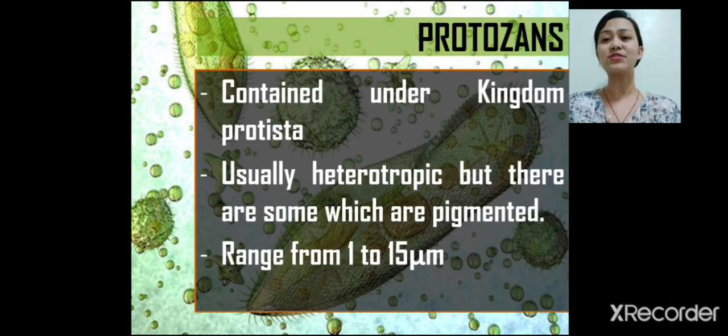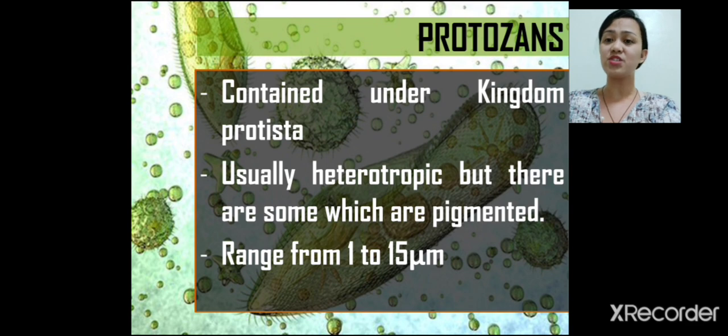Okay, so protozoans are contained under kingdom Protista, and as we said earlier, they are usually heterotrophic, but there are some which are actually pigmented. So what do we mean by heterotrophic? Heterotrophic organisms cannot perform photosynthesis, and in order to survive, they have to take up food from the environment for energy production.